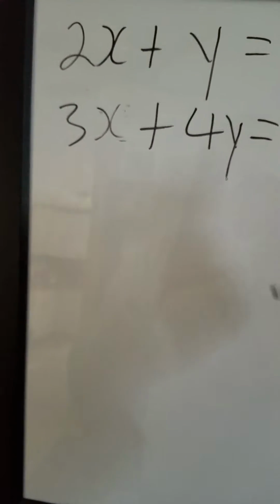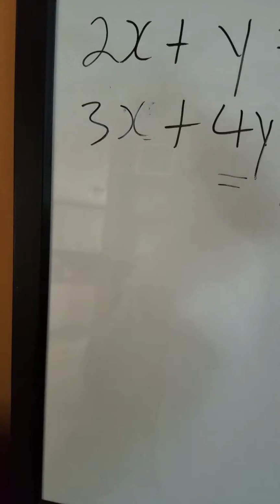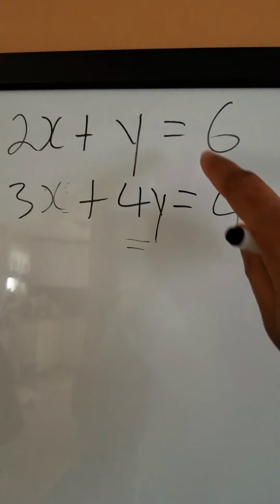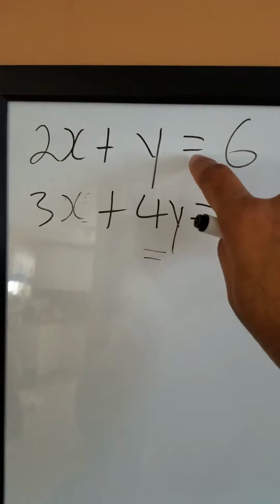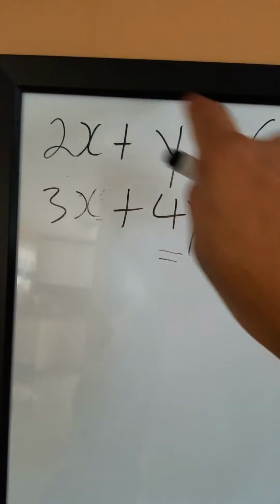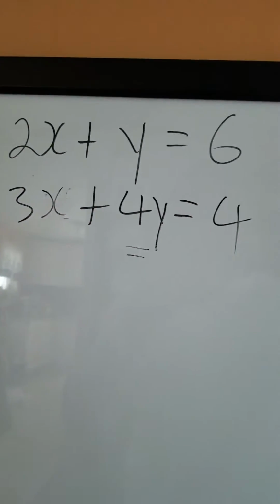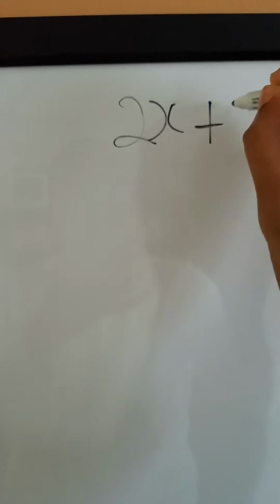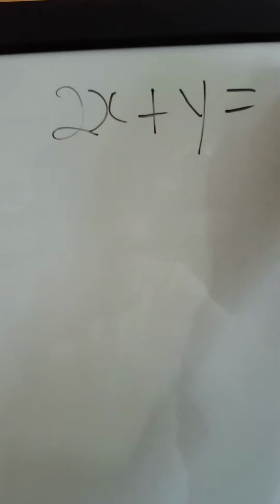If we wanted to use this variable, we would have to get rid of the 4, and that would involve an additional step. So first, let's look at how we can isolate the y and express this equation here in terms of y. I'm just going to start over with this equation by itself so we can work on it.